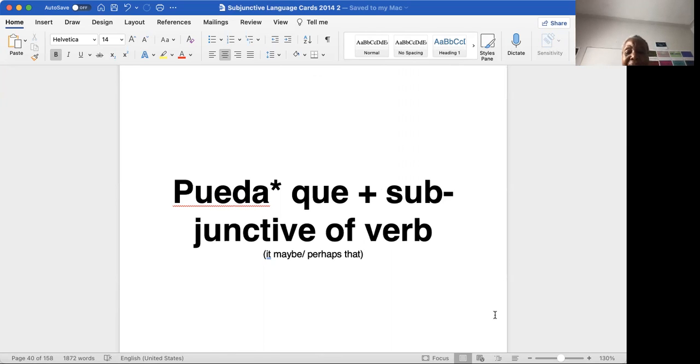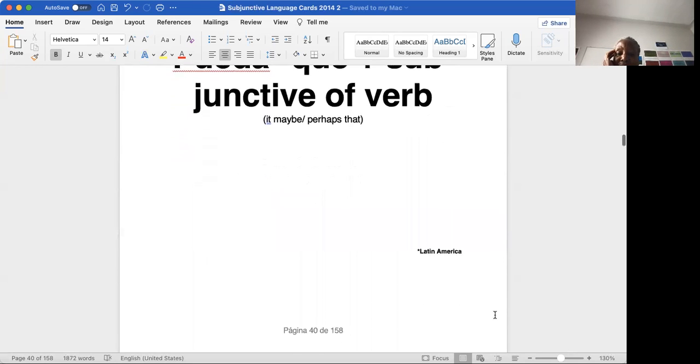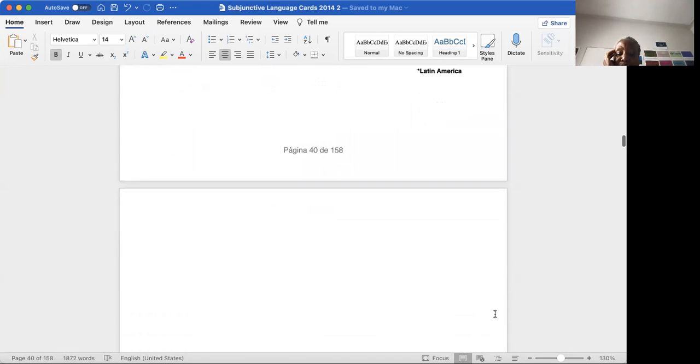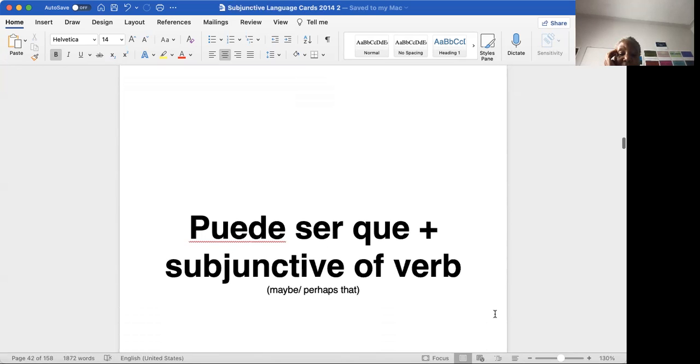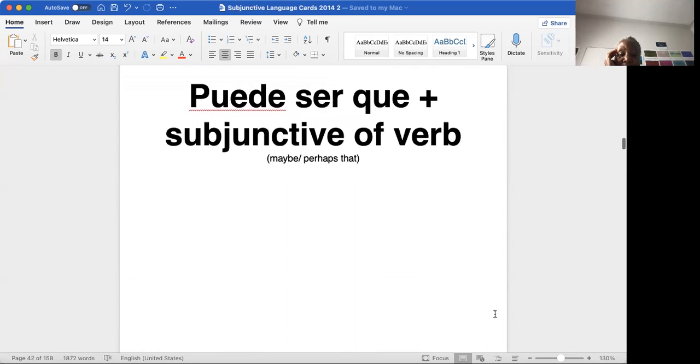And she would say pueda que, and I said, why do you say pueda instead of puede? And she tried to explain it to me. I didn't know what she was talking about. It's not because I didn't know the grammar, because by this time I knew the grammar, but she couldn't explain it because it's her language and she just uses it because that's the way she does. She didn't exactly know the grammatical reasons behind it. Okay, puede ser que, maybe, perhaps.